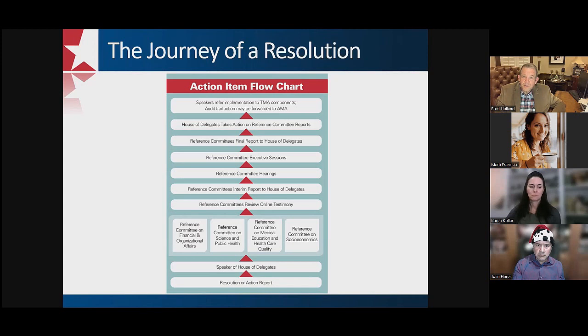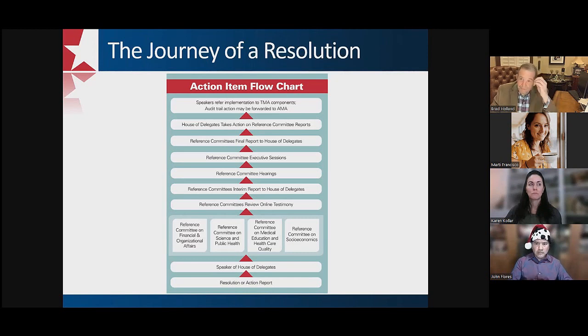That final report is considered then by the House during TexMed, and we either take the reference committee's version, or occasionally we revert back to the original unamended version before the House, and if it passes, then the speakers refer the resolution to the proper components of TMA, as we saw on an earlier slide, and the audit trail both happens within TMA and then may be forwarded to the AMA. Of course, if it doesn't pass, then that's where it usually dies, but it doesn't have to just pass or fail. There are several different ways that things can happen out of the House.